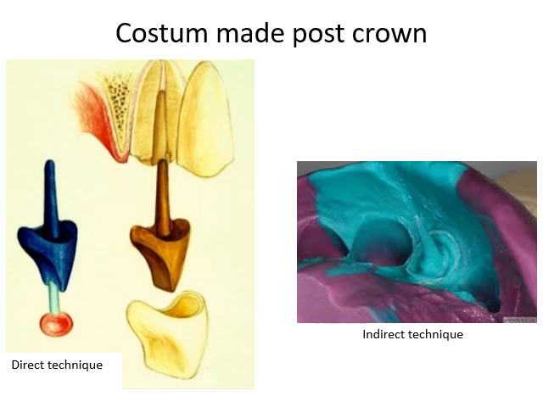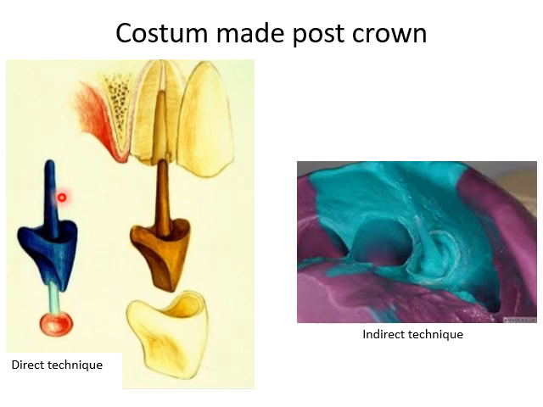A custom-made post-crown can be made with one of two techniques, the direct and indirect technique. In the direct technique, we make an impression of the canal with the aid of a plastic post and wax or resin.